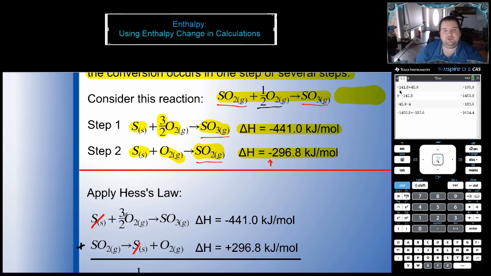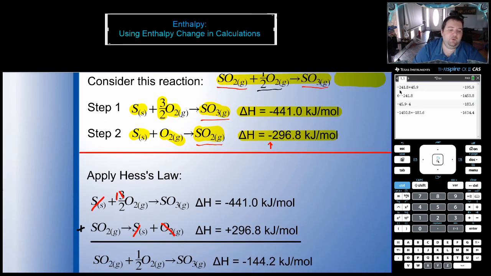How many oxygens are here? 1.5 O2s. How many are here? 1 O2. Well, if I cancel out 1 O2 from both sides, what am I going to be left with? If there was 1.5 here before, now there's only going to be 0.5. So only 1/2 of them. 1 O2 got erased from both sides.